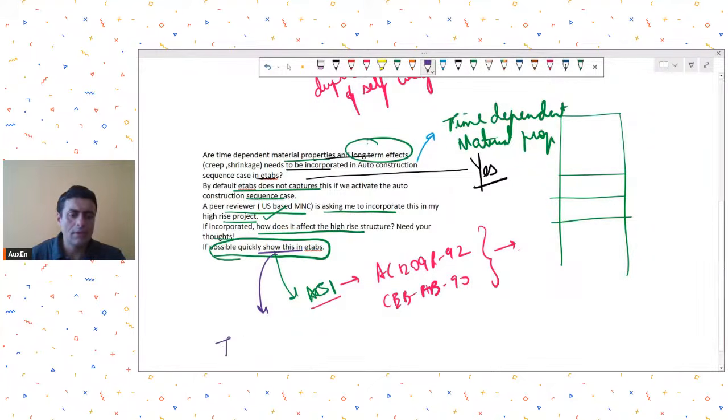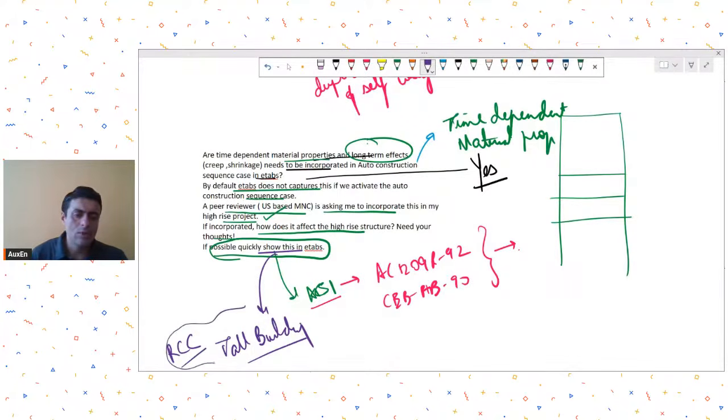However, we have done this discussion in a lot of detail in our course on tall buildings. So we have conducted a course on RCC, tall building design and detailing. In that, we have covered this aspect in great detail, the time dependent properties as well as the construction stage analysis, how to do the time dependent material property calculation, all those things, how to calculate the axial deformation of vertical members.